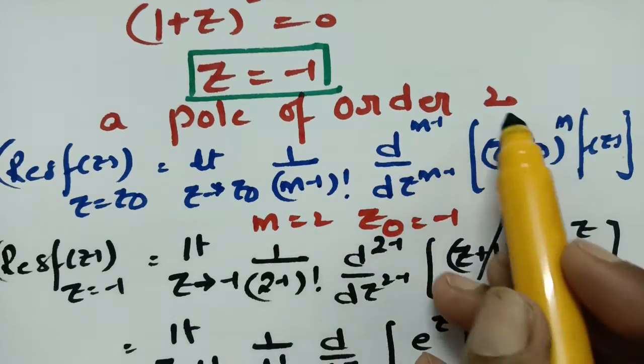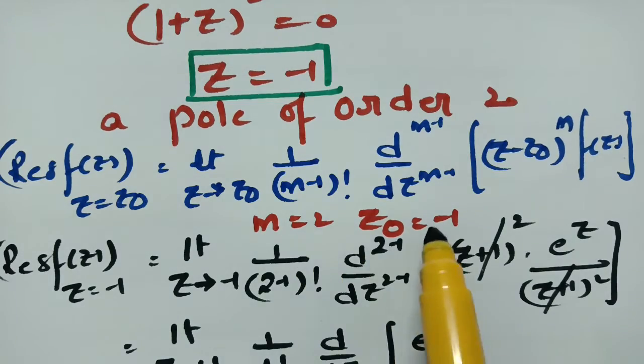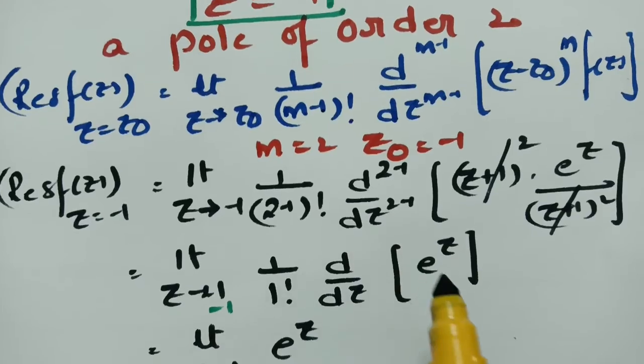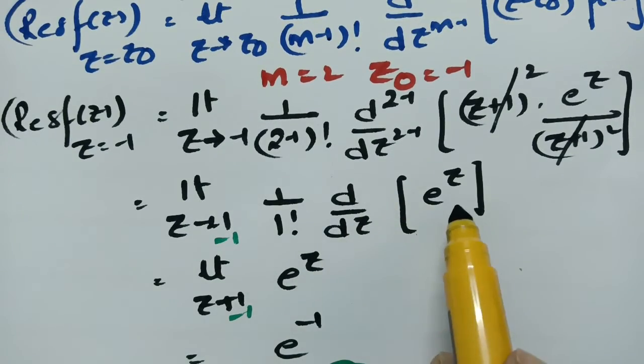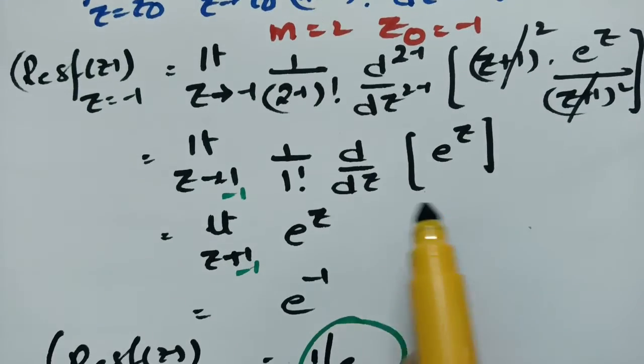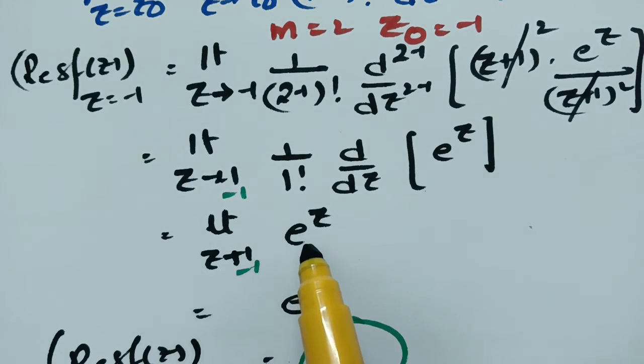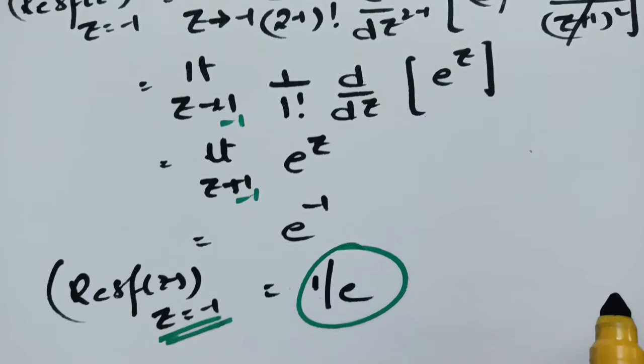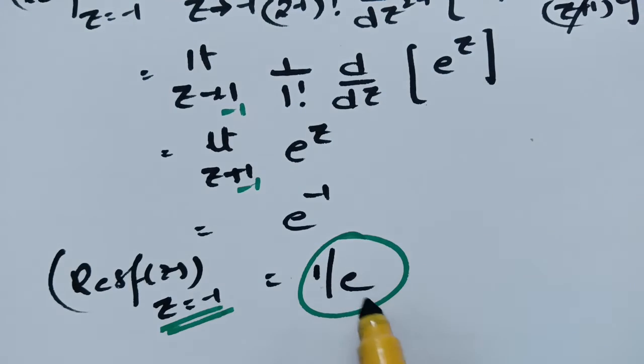So here m value is the order value 2 and z naught value is the pole value minus 1. If I substitute each and every term here, we have to take the derivative of the remaining function e power z. So the e power z derivative is again e power z, and if I substitute minus 1 in place of z, I got e inverse, which is equal to 1 by e. So this is the residue value corresponding to the pole z is equal to minus 1 of order 2.